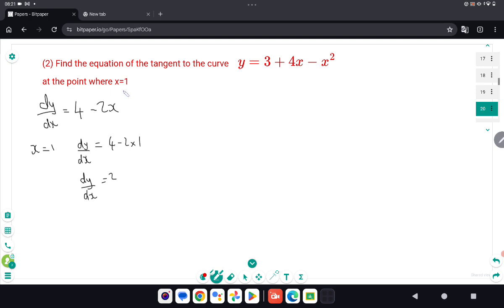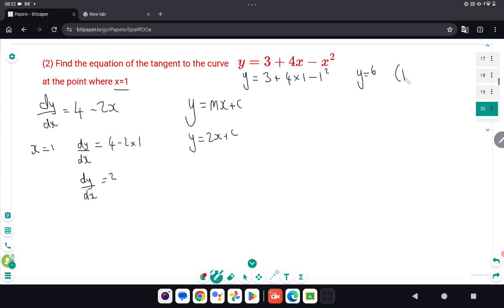Okay, now we need a coordinate point to find the equation of the tangent. All we know at the moment is the gradient is 2. So y is equal to 3 plus, well, we need to work out y when x is 1: 4 times 1 minus 1 squared, which is 6.